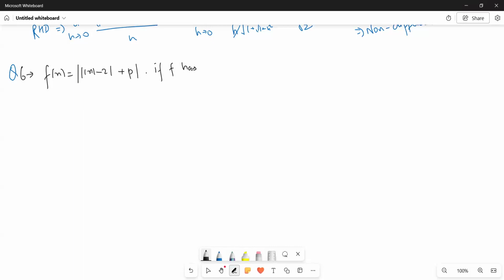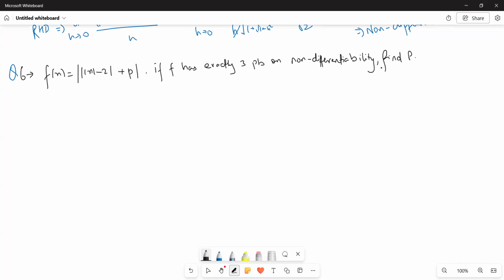If f has exactly 3 points of non-differentiability, then find p.